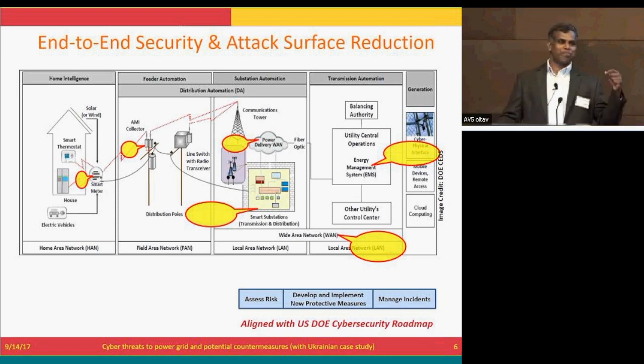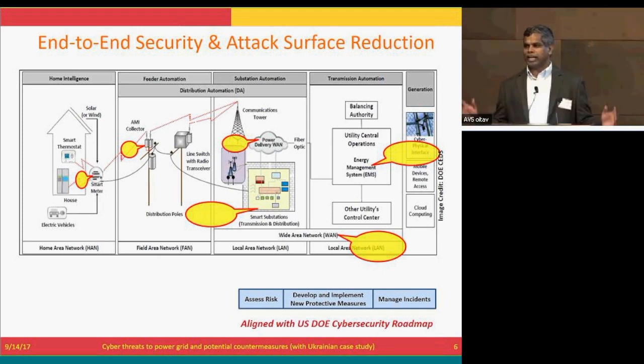By compromising multiple distribution substations, one can create an impact on the bulk power system as well. So that's why we need to make sure that every element in the end-to-end delivery is secure, maybe with varying levels of security, but security is end-to-end, as opposed to just saying only the bulk power system is secure, but the distribution system we don't secure, or AMI we don't secure.